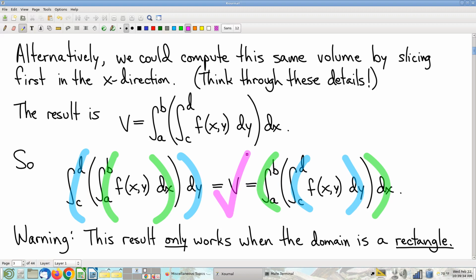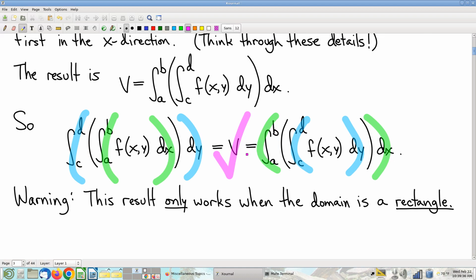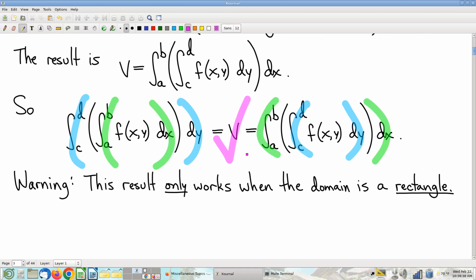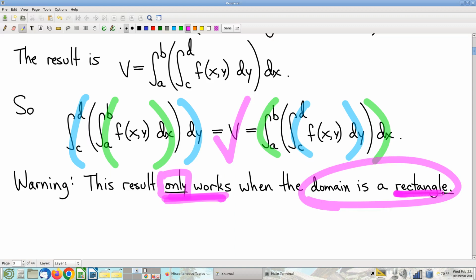Okay. Now, I do have to give you a warning. I don't want you to overinterpret my statement here. This business where you switch the bounds and the differentials together, this only works if your domain is a rectangle. We have only considered rectangles to this point, to be fair.